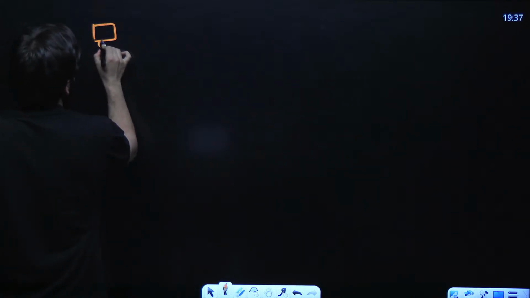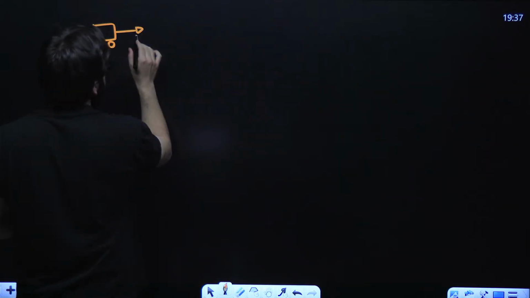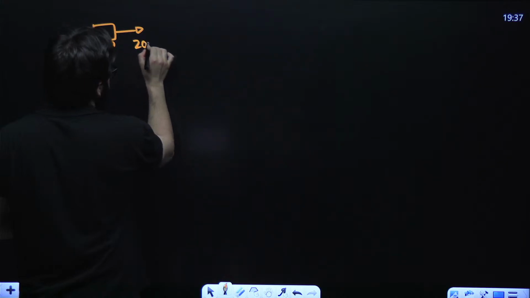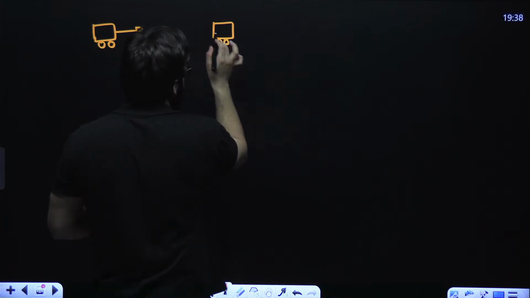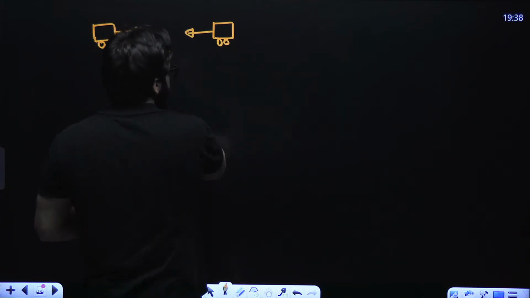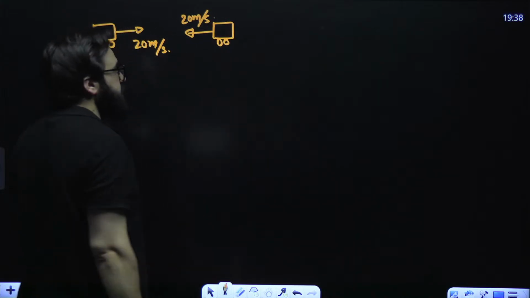I have a car, and this car is moving with a speed of, let's suppose, 20 meters per second. And I have another car over here. Understand very carefully. This car is moving with a speed of 20 meters per second.